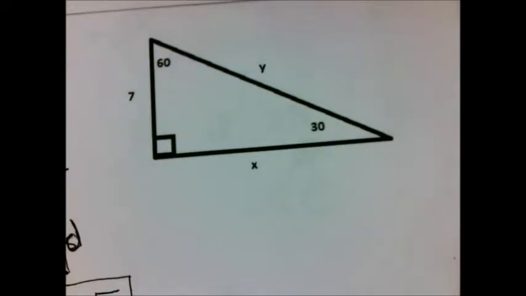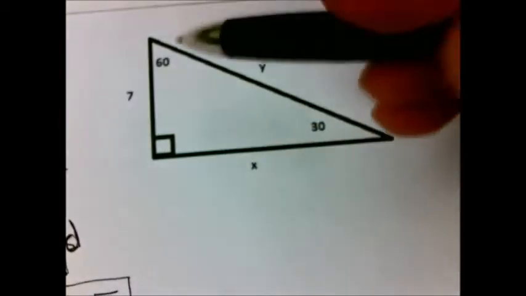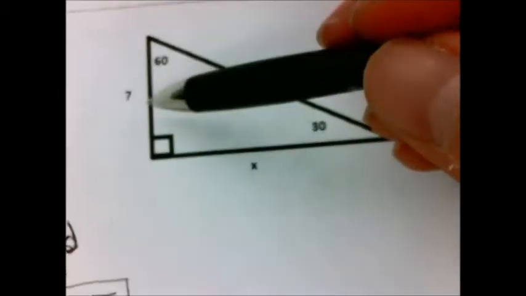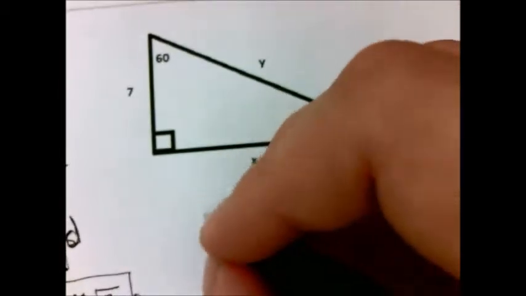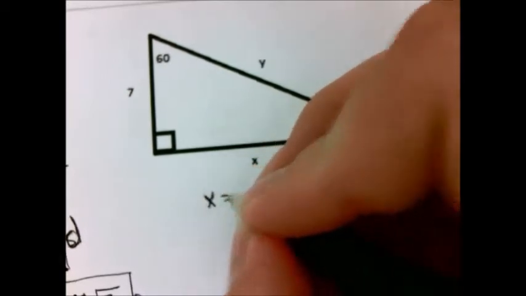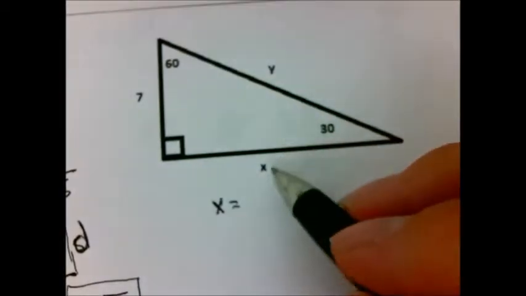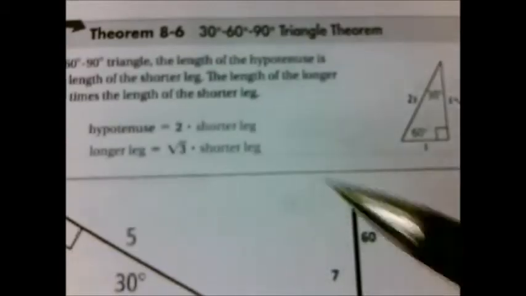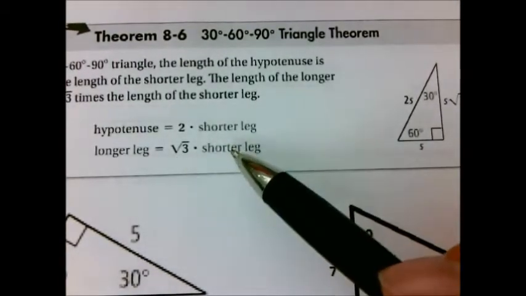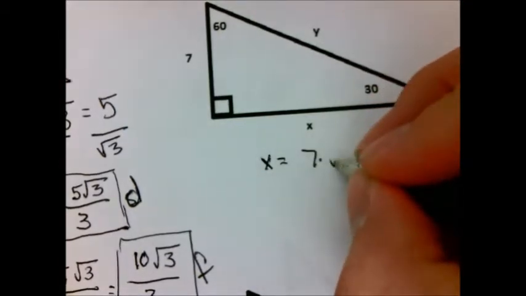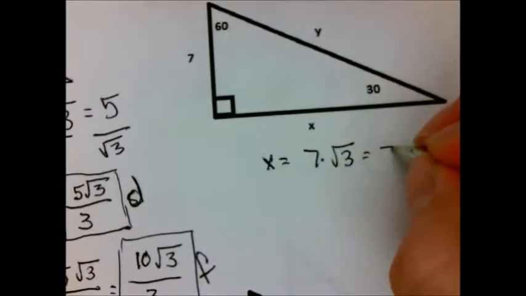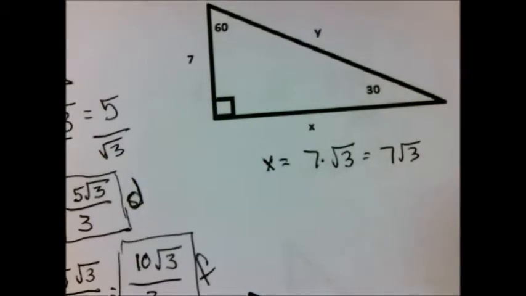Let's do this next one. This one's a little bit easier because we know the shorter leg, so we can figure out x and y pretty easily. X is the longer leg, and as we said up here, the longer leg is just square root of 3 times the shorter leg. So we just take 7 times the square root of 3, which gives us 7 square root of 3.